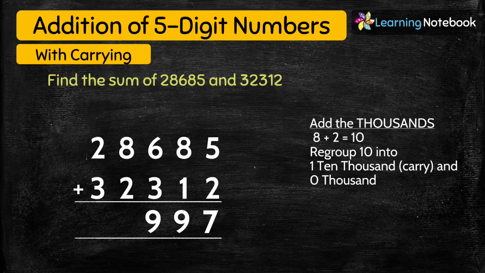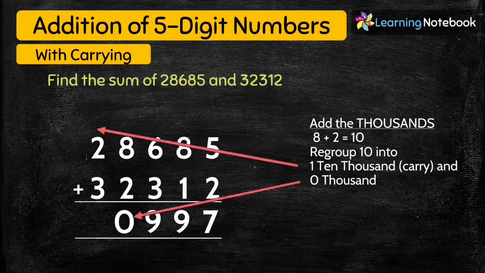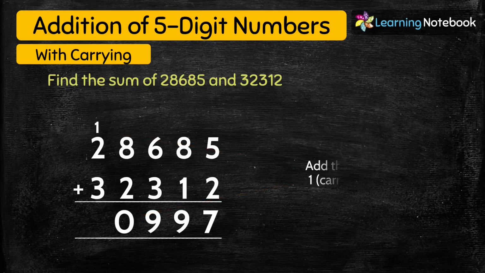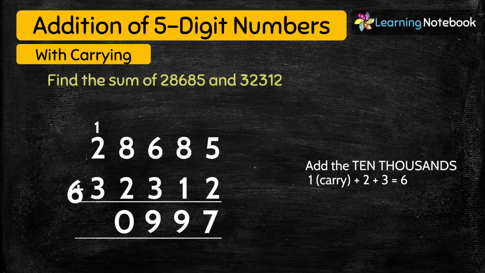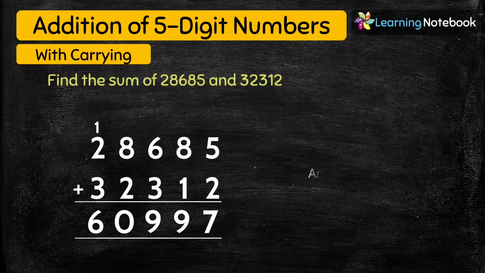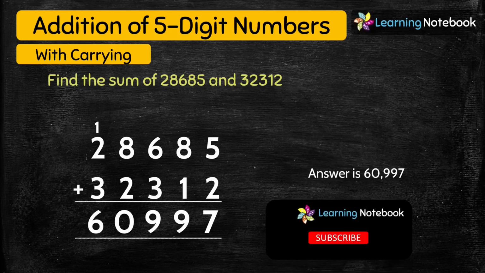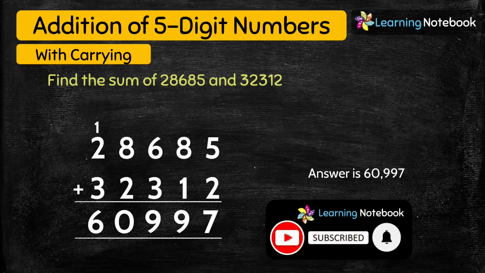Since 10 is a 2-digit number, we will carry 1 to the 10,000s place and 0 comes in the answer. Next, add 1 carry plus 2 plus 3 which equals 6. So answer is 60997.